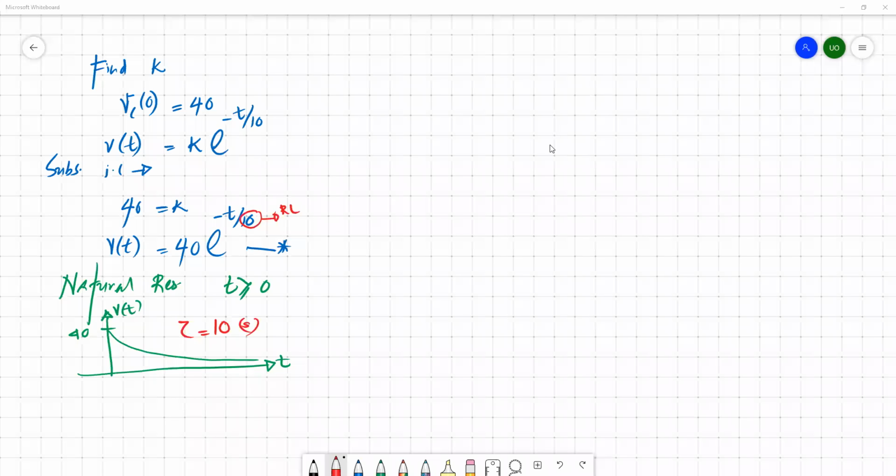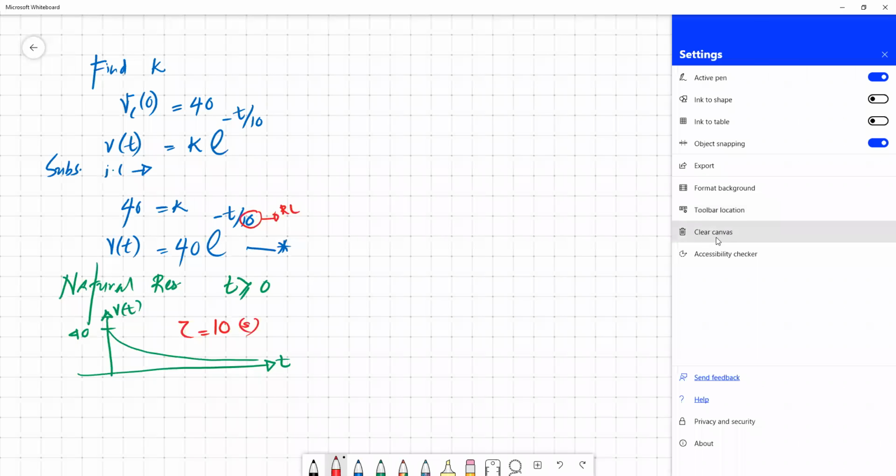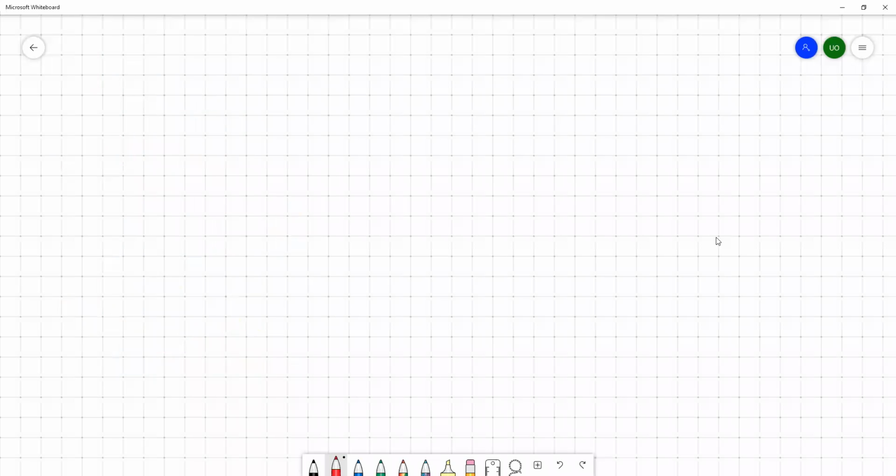Okay, so then we'll move to exercise 5. I am referring to this circuit, the previous question.